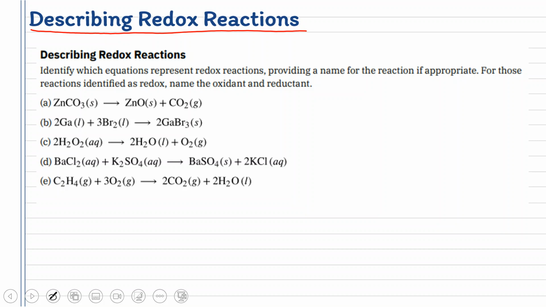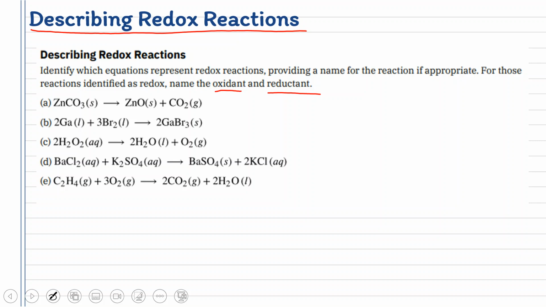That means which one is the oxidizing agent and which one is the reducing agent, which we spoke about from the beginning. One substance undergoes oxidation, the other undergoes reduction. The substance that undergoes oxidation becomes the reducing agent, and the substance that undergoes reduction becomes the oxidizing agent. Don't forget that. Remember, that's what we spoke about last week.